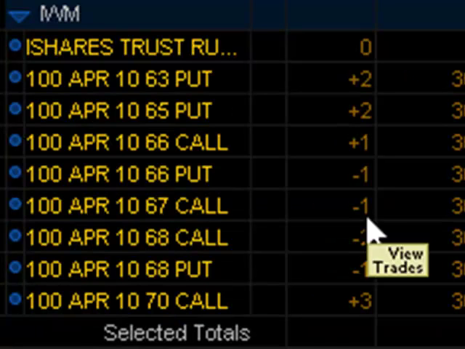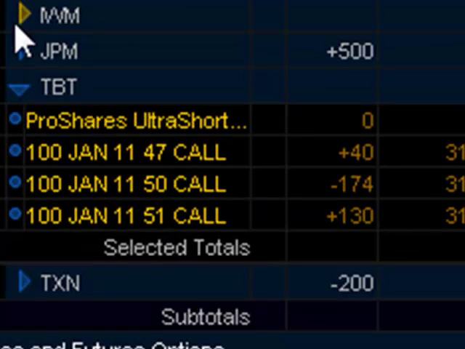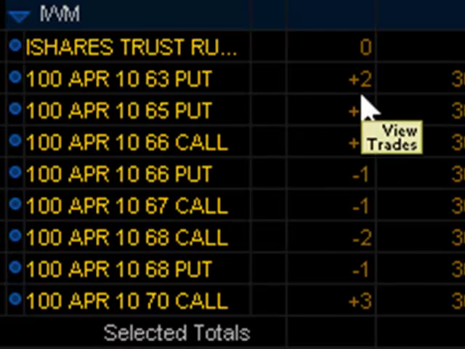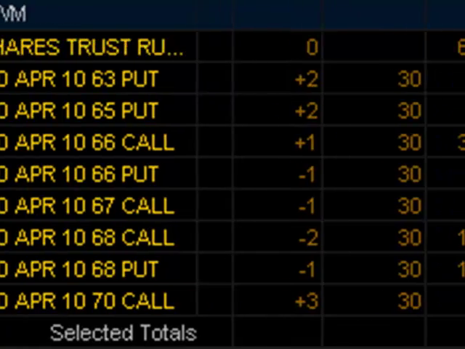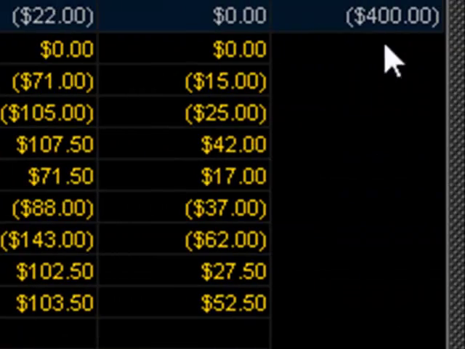As an example, in our IWM trade, we open this up, we'll see our strike prices, we'll see the positions that we have, and over here to the right side of the screen you can see that our buying power is affected by $400. That 400 in parentheses means holding this position is costing us $400 worth of margin.